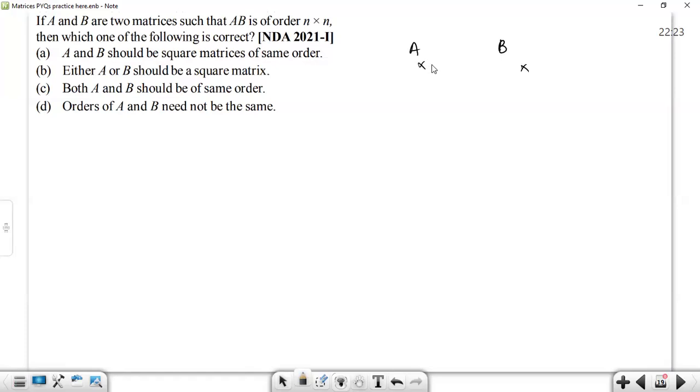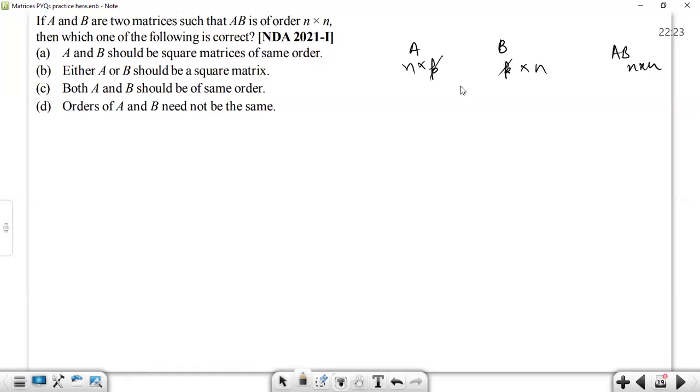So let's consider them as P, less confusing variable. And if AB is given as n by n order, so for sure, P and P are going to get cancelled and n are going to remain. So this should be n.